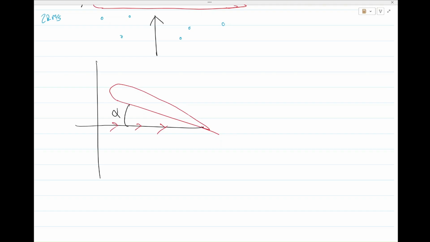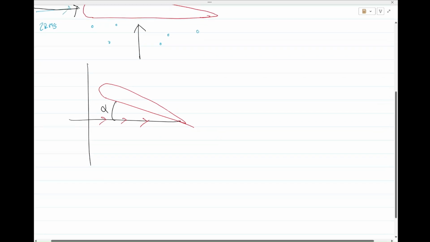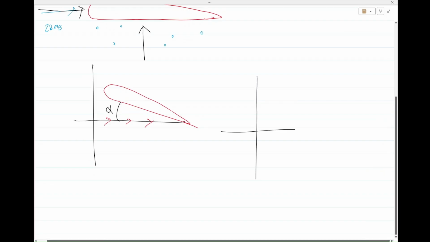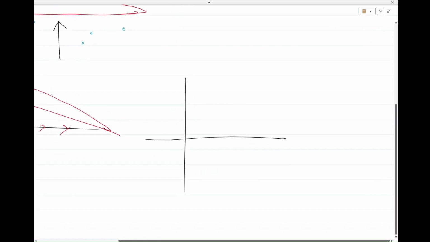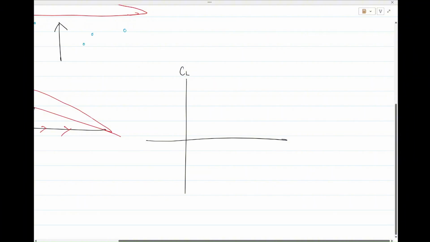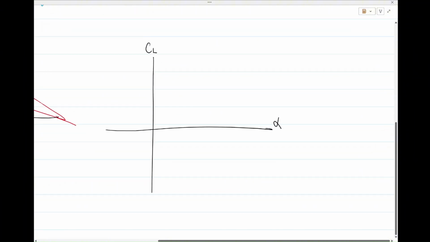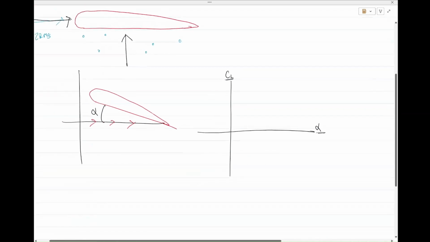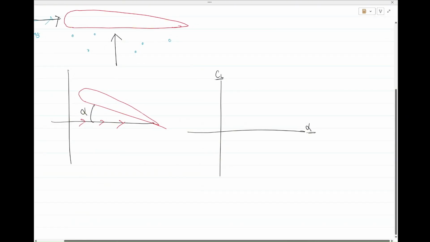This is alpha, your angle of attack. Most of the time, whenever you pitch up with an aircraft, you begin generating more lift. In XFLR5, you might have seen a graph that looks like this: coefficient of lift versus alpha. What it was talking about is the more you pitch up, the more lift you get.